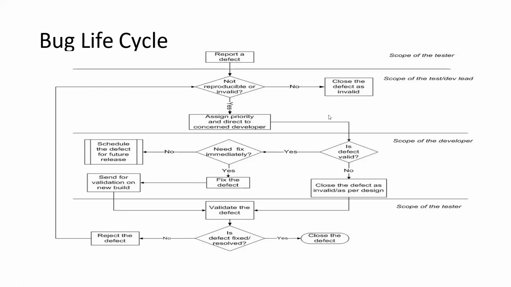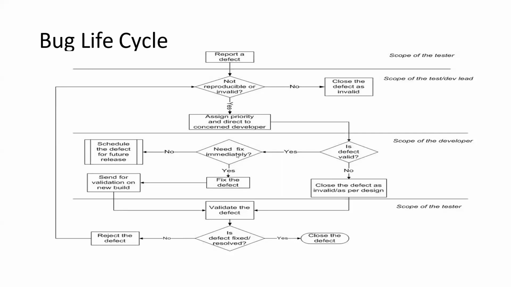So this is all about the bug life cycle. Every bug follows this life cycle. First we report, then we check whether it is reproducible or not. If it is reproducible, we assign priority and severity. After assigning priority and severity, we send the defect to the development team. The development team checks whether it is a valid defect or not. If it is valid, they have to fix it.